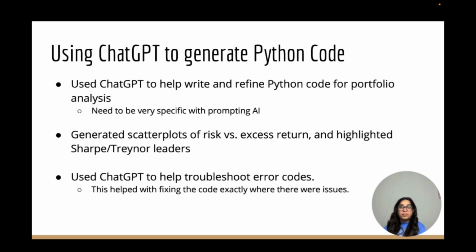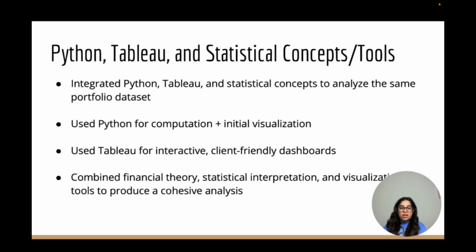It also helped code in some generated scatter plots and calculations for us, and if we got error messages, we would copy and paste the error codes to help troubleshoot, and ChatGPT would tell us exactly what to change and where to change it. It was very helpful.